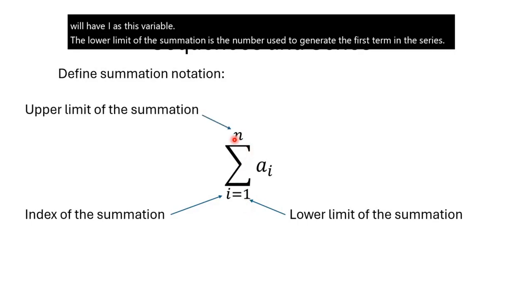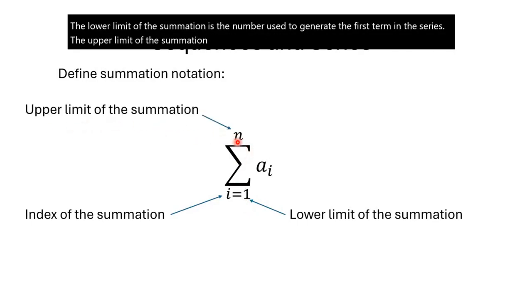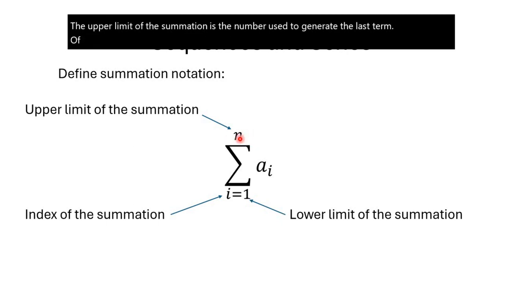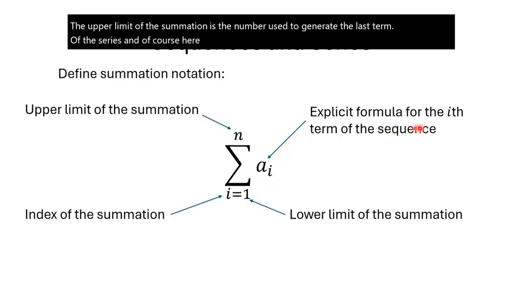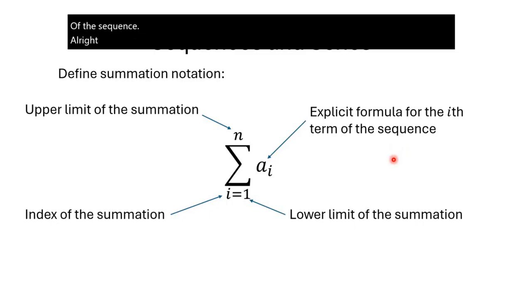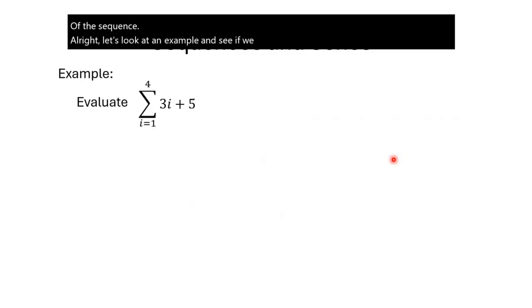The upper limit of the summation is the number used to generate the last term of the series. And of course here we have the explicit formula for the ith term of the sequence.